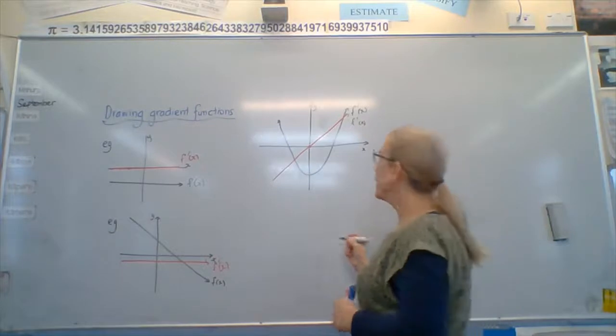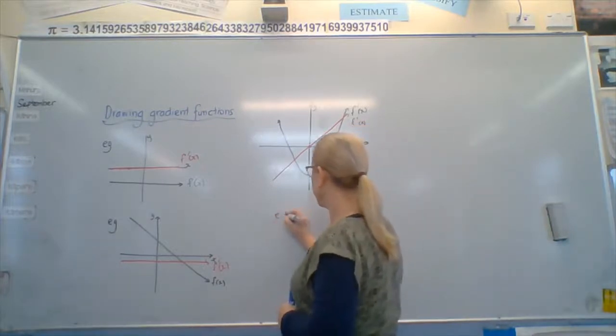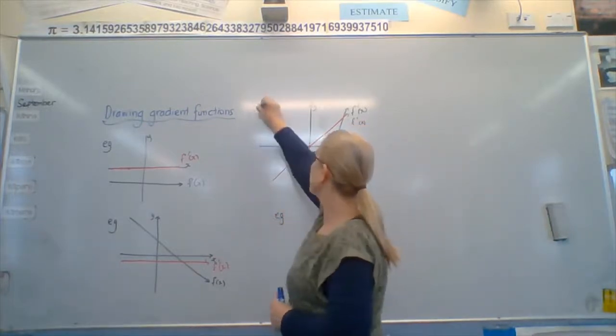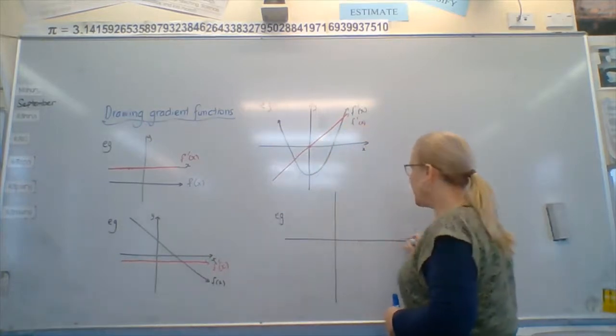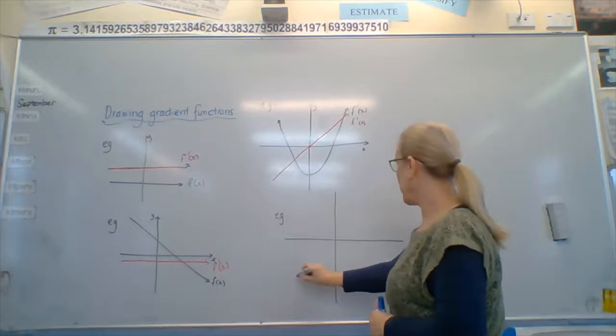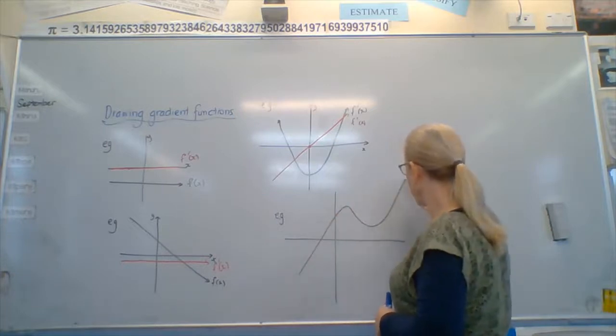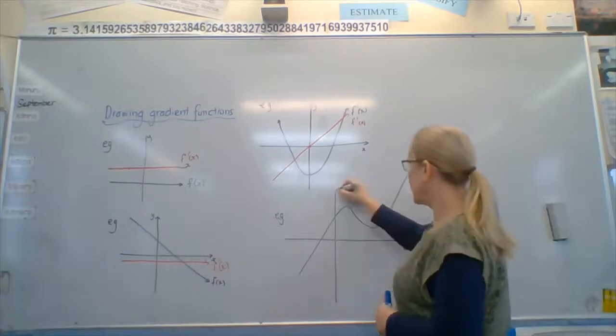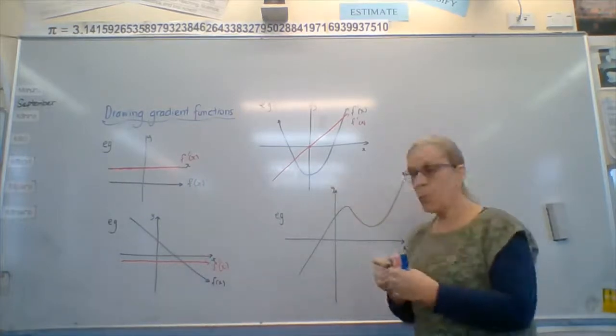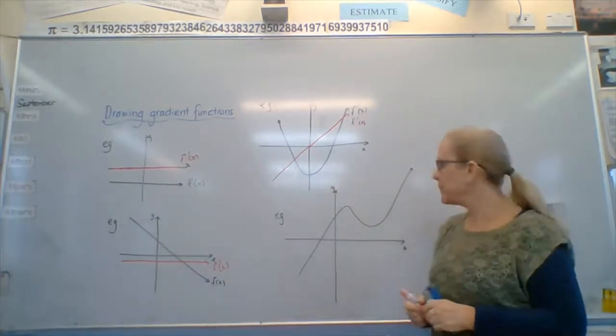So if we get a really weird one, what's this? Good. So, where is the gradient 0?